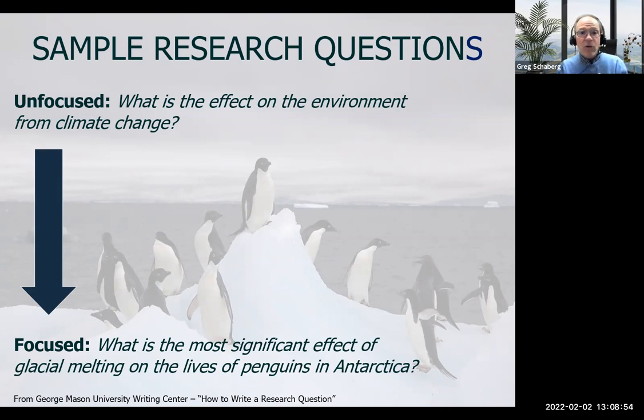You're looking also at the effects, and you're kind of ranking them and looking for which one is most significant. So this is an example of taking a very general, broad topic, narrowing it in the preliminary stage down to a more focused topic, and that you will continue to research.